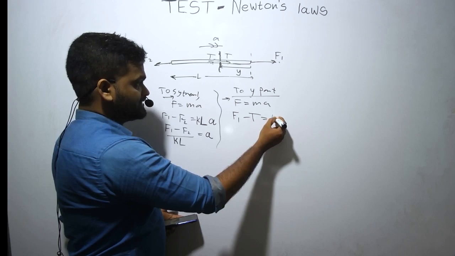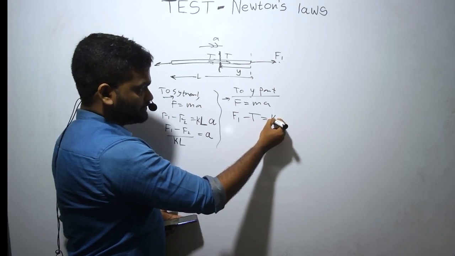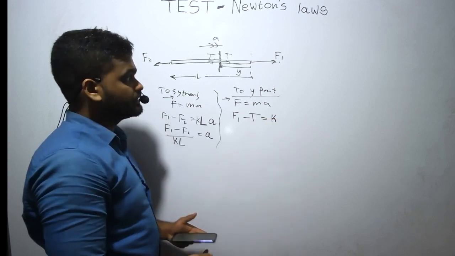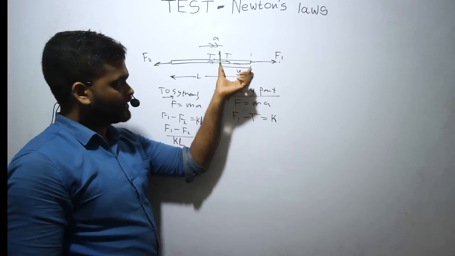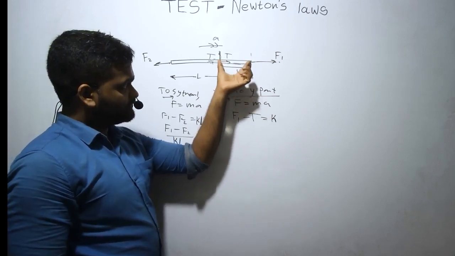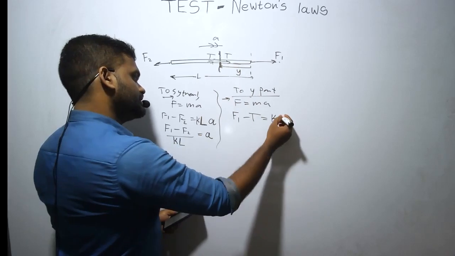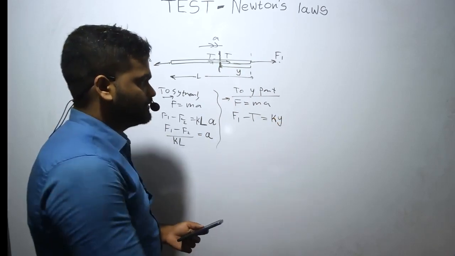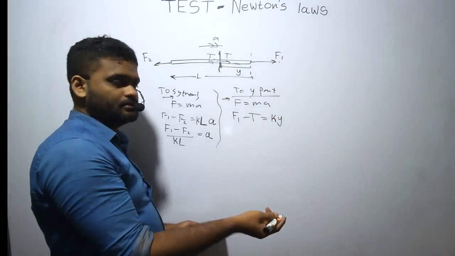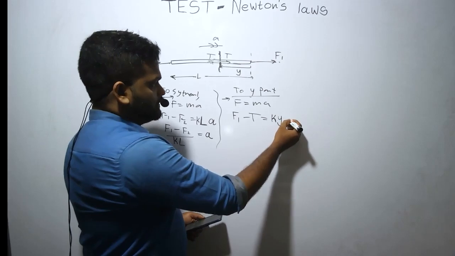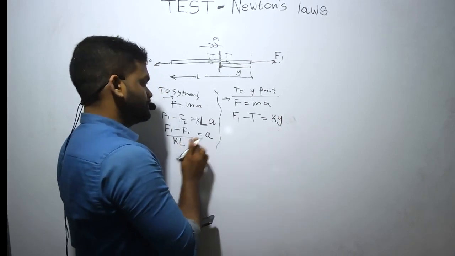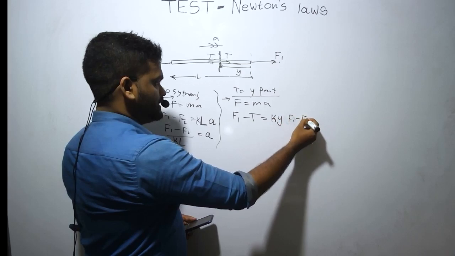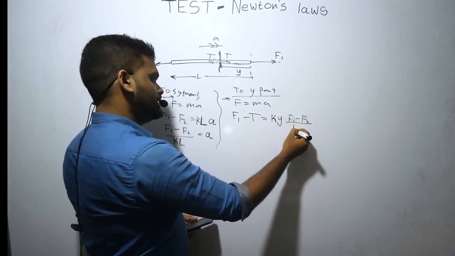Mass, I took it as, just multiply that by the same constant. I'm using length as the mass here. The length of this part is y, right? So it is ky. When you multiply that by a unit, it turns into a mass, right? Acceleration, we already found that. That is F1 minus F2 divided by kL.